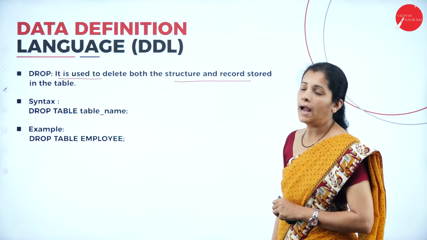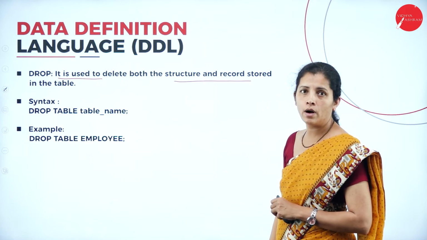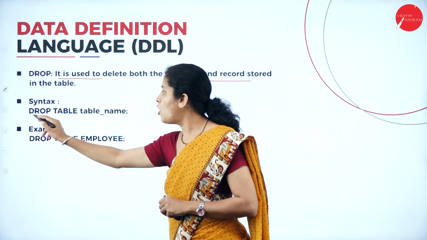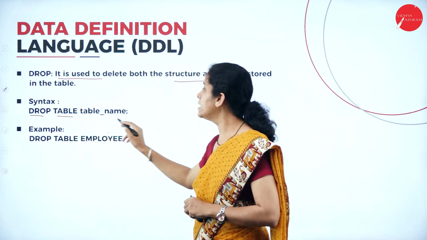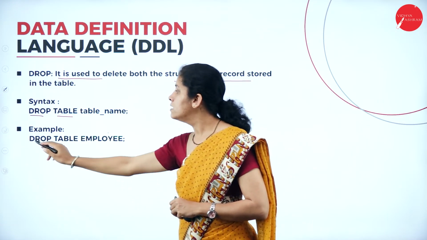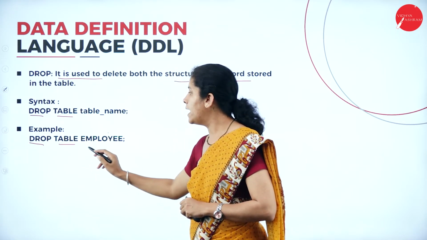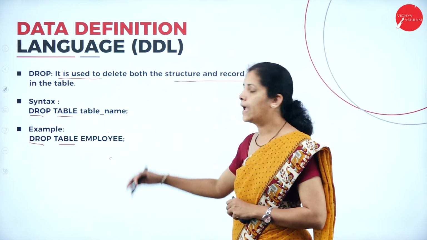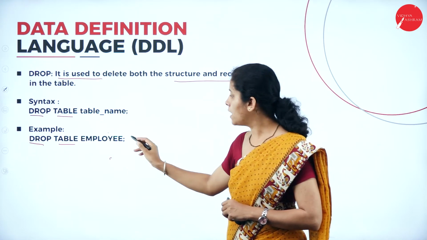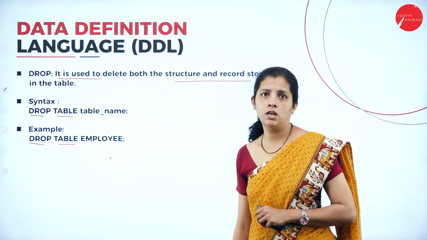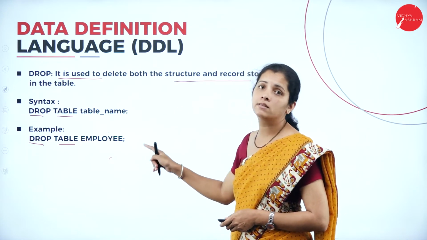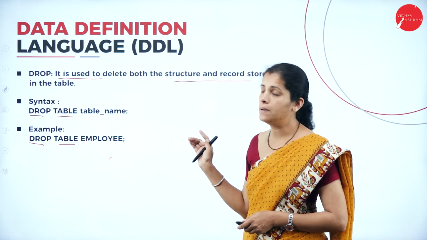And how can I use the drop command? That is drop table and table name. So here, drop table, my table name is employee, and I write the semicolon to indicate this is the end of the query.